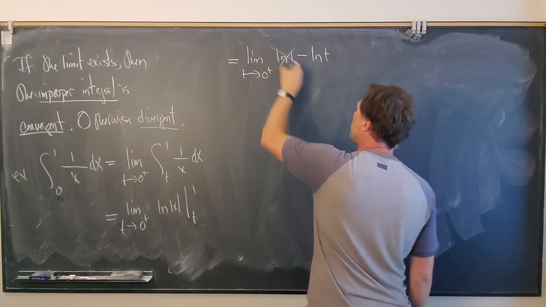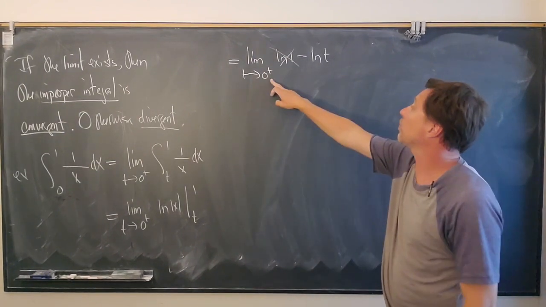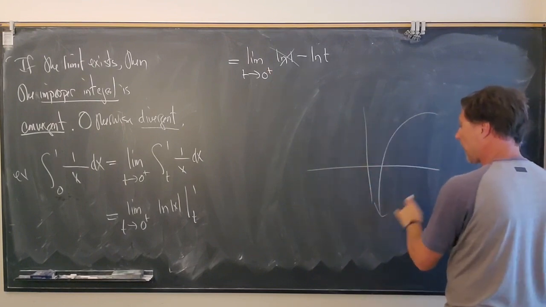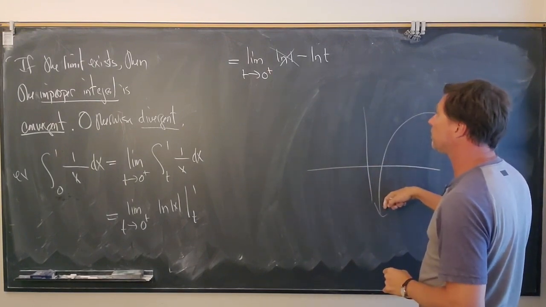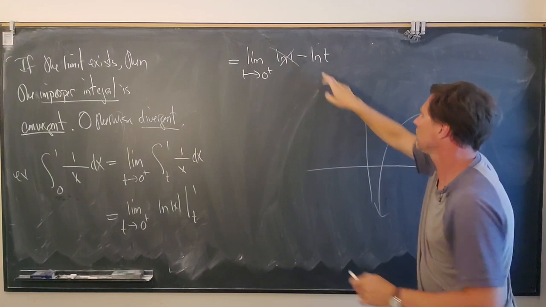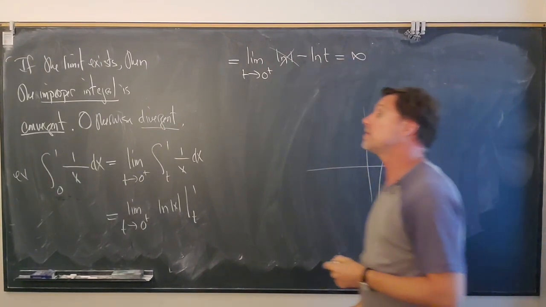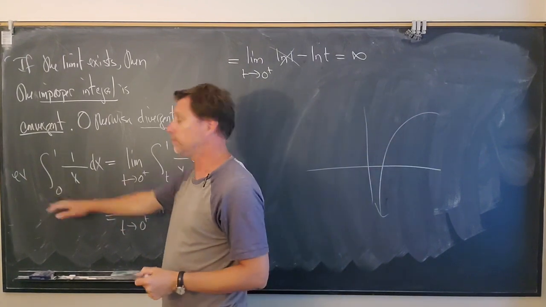That part's equal to 0. Now, as t approaches 0, remember the graph of the natural log goes like that. It approaches negative infinity. So it's going to be minus negative infinity. That limit is equal to infinity. So this improper integral diverges.